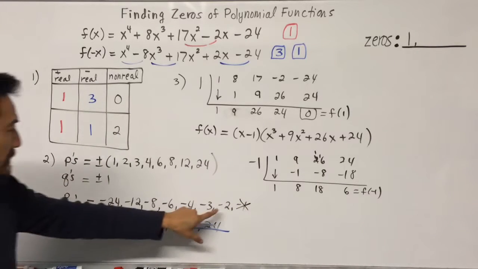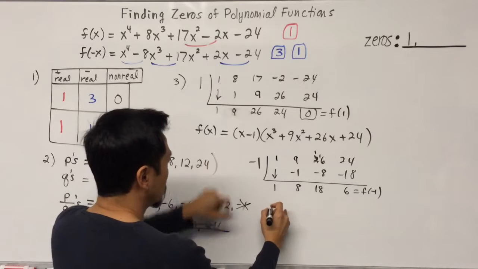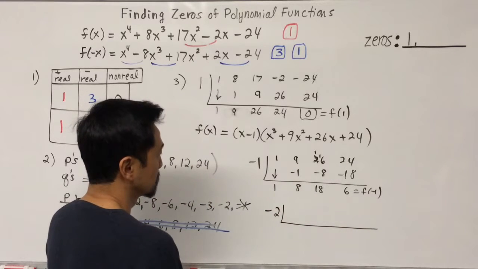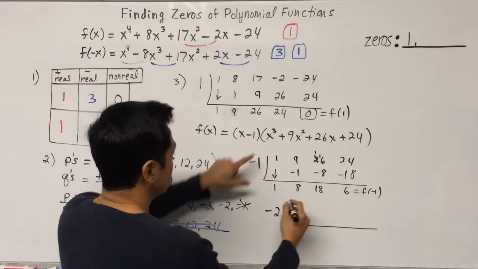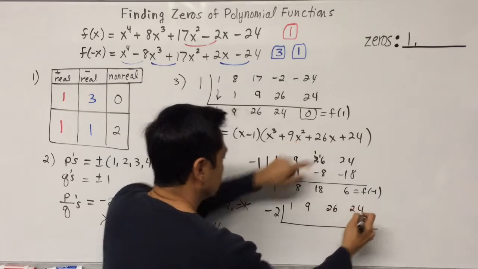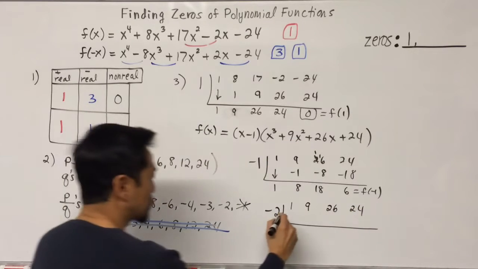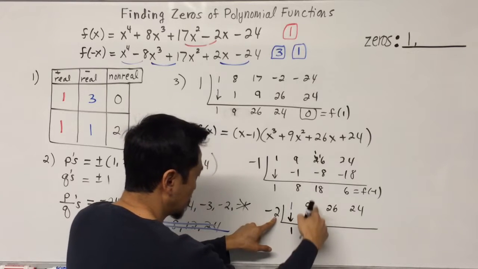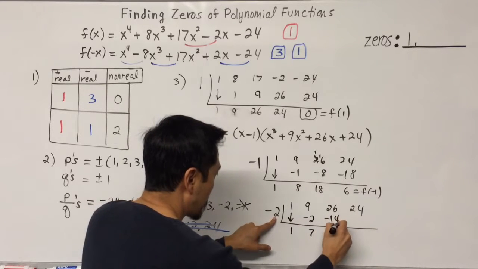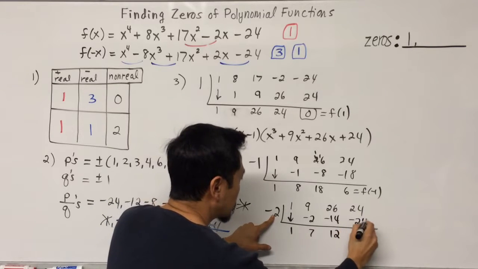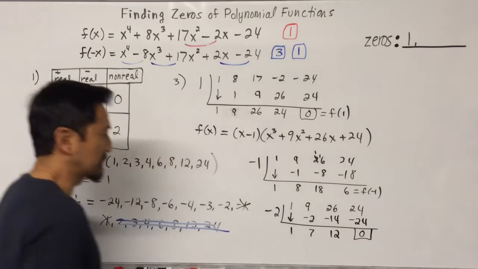And now we're going to try -2. So let's do that right here. So bring down the 1, multiply diagonally, add vertically. And that gives me 12. And yay, I found my next 0.